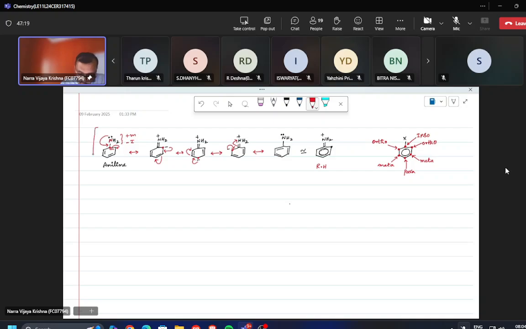I will call all these forms canonical forms. Will you accept or not? Any questions? Now, what is the possibility to get negative charge over this carbon?